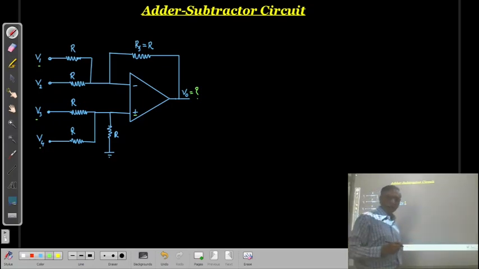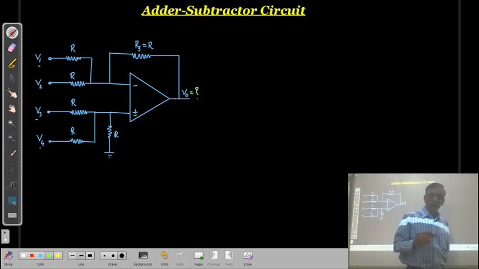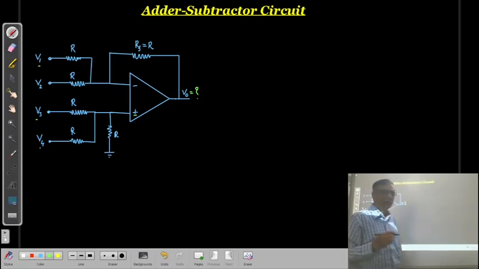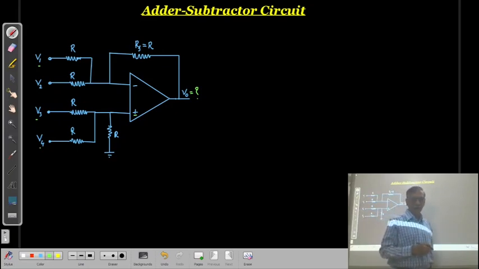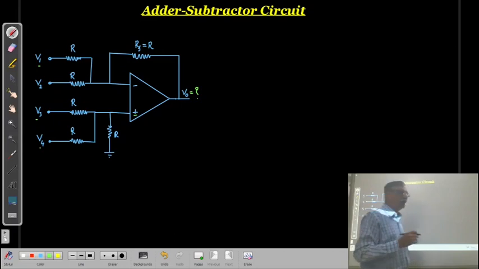For the analysis of the circuit, as already mentioned in the previous lecture, whenever we have more than one input voltage to the operational amplifier, to find the output voltage we have to apply the superposition principle. According to the superposition principle, you consider any one source as active and the rest of the sources are connected to ground. In that way you find the output voltage.